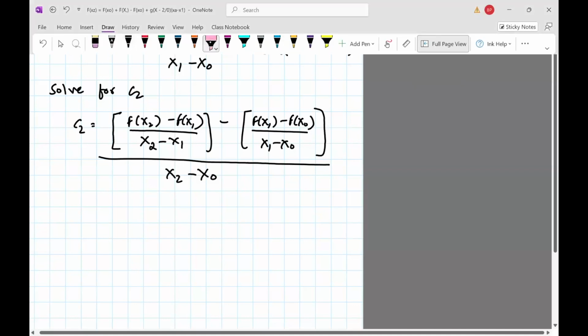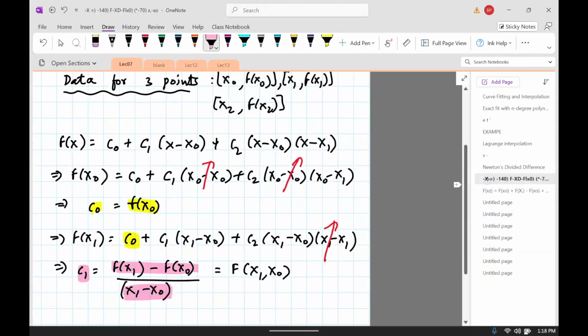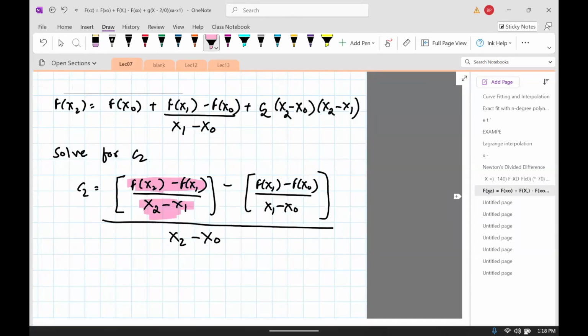So notice the pattern here. This looks very similar to what we had for C1. If you go to C1, you saw it's f of x1 minus f of x0 divided by x1 minus x0. Here we have f of x2 minus f of x1 divided by x2 minus x1.